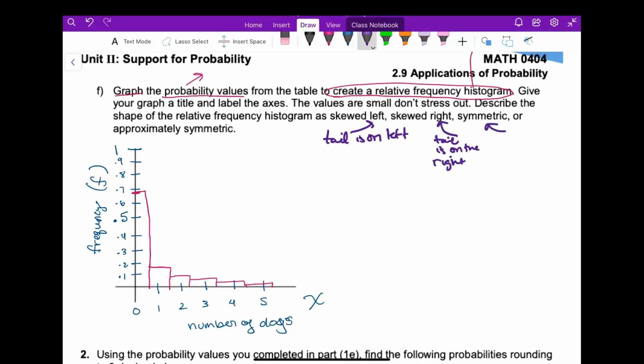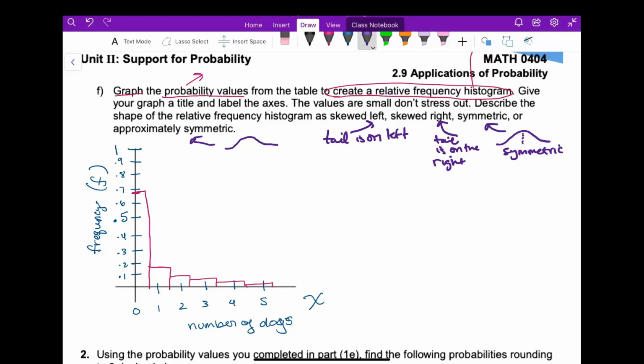What is symmetric? You should be picturing a curve that looks the same on both sides, right? If you looked at this middle, this is symmetric. Approximately symmetric will be just a little bit maybe lopsided. Maybe one tail's longer than the other, but it still looks very symmetric.